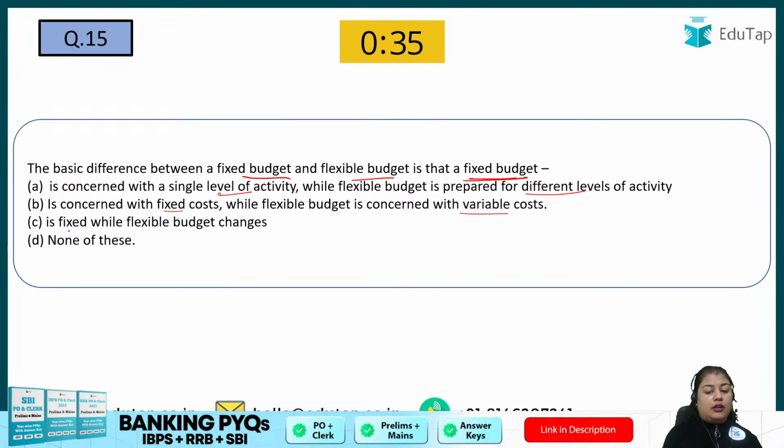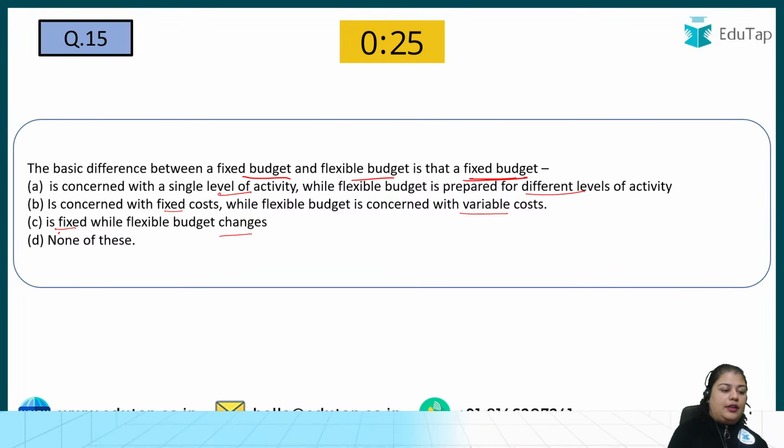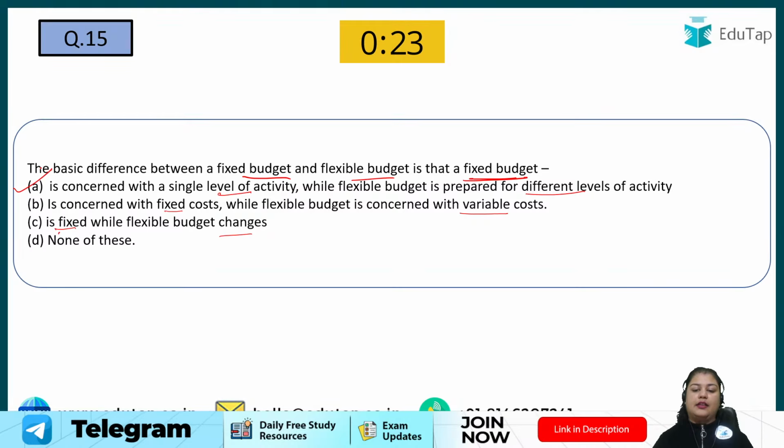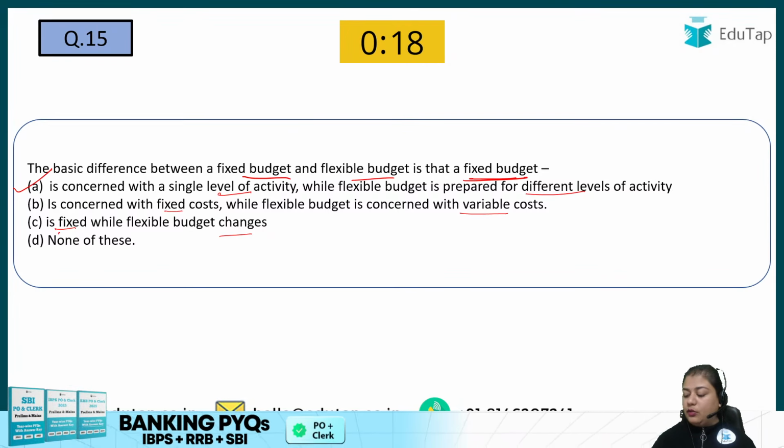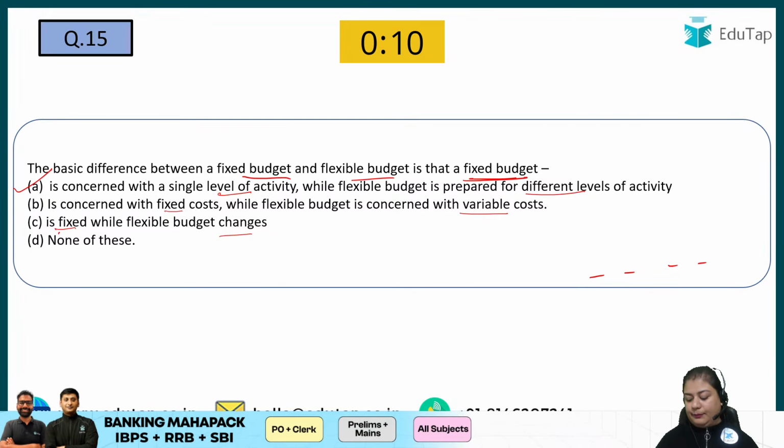C, fixed budget is fixed while flexible budget changes. Or D, none of these. So what is the correct answer here? Yes, everyone, it is correct. That is A. Fixed budget is concerned with one level of activity only, but in flexible budget we make it at different levels of activity so that we can adjust a little according to actuals, right?